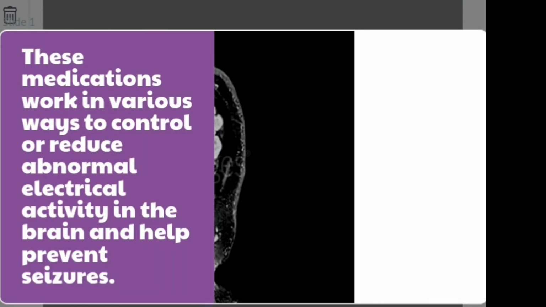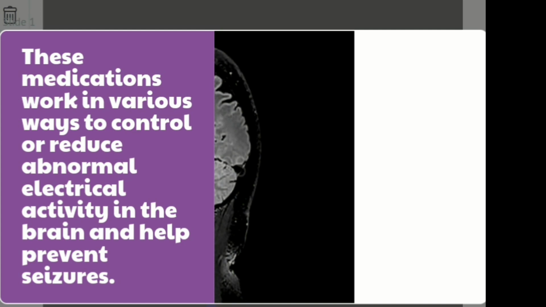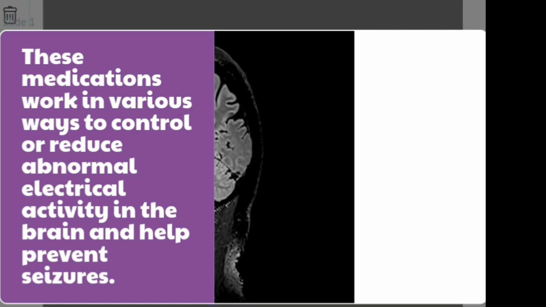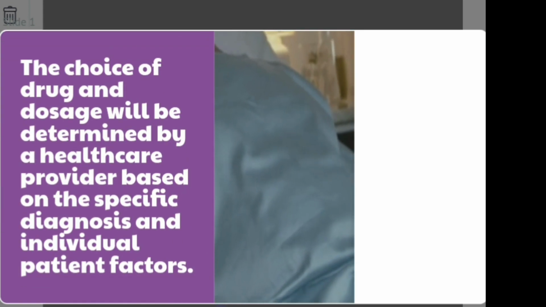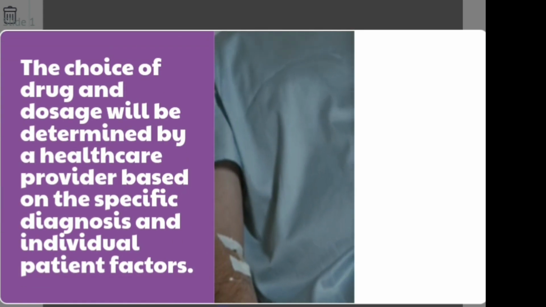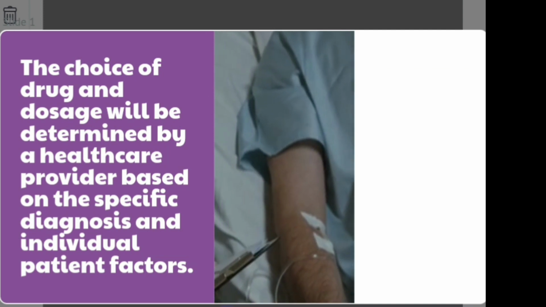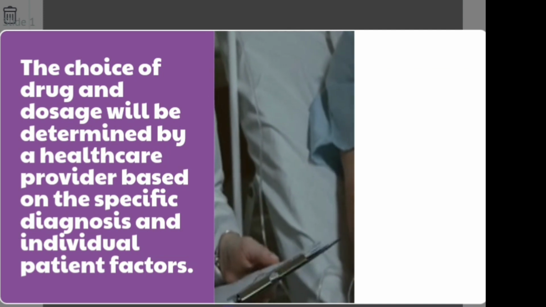These medications work in various ways to control or reduce abnormal electrical activity in the brain and help prevent seizures. The choice of drug and dosage will be determined by a healthcare provider based on the specific diagnosis and individual patient factors.